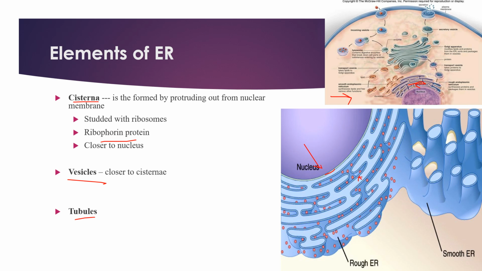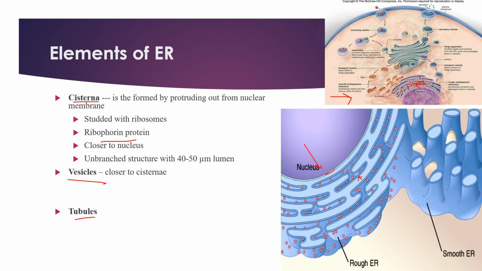Next, the cisterna is closer to the nucleus, because this structure protrudes out from the nuclear membrane, and this clearly shows that the cisterna is nearer to the nucleus.